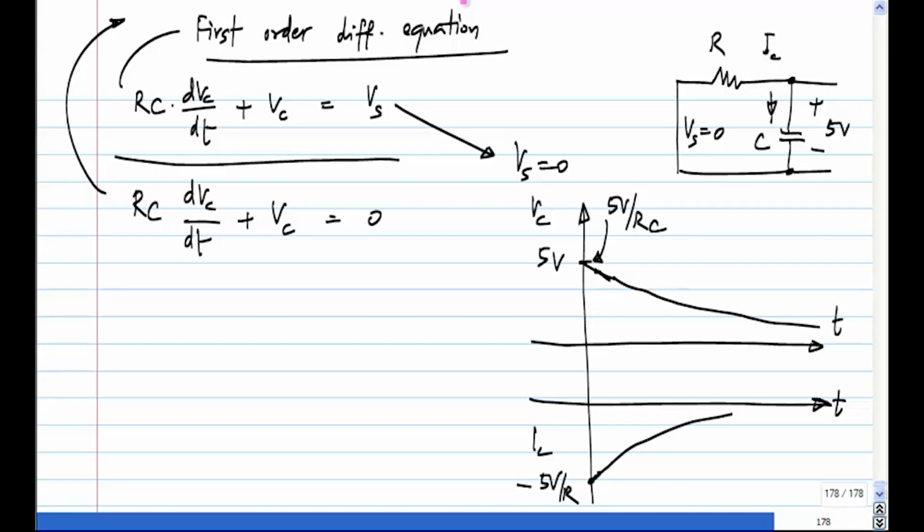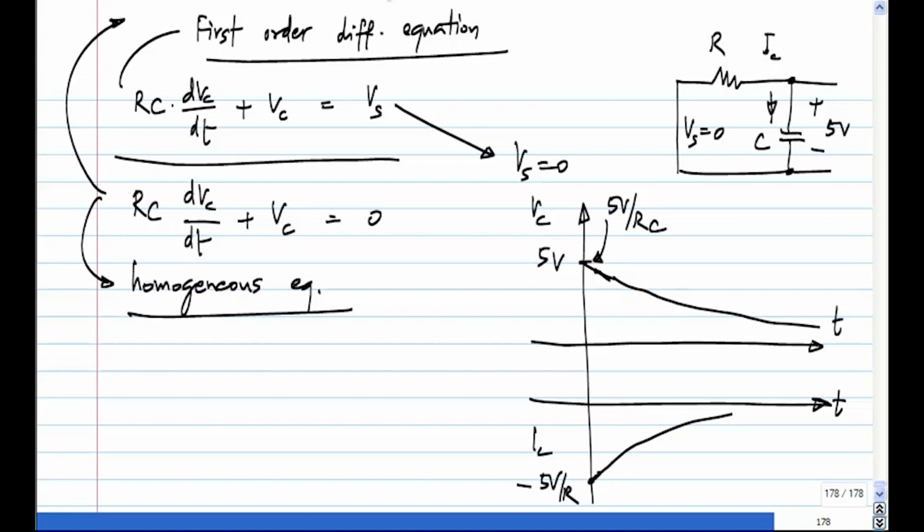Okay. And this one which has 0 on the right hand side, what is this? It's called a homogeneous differential equation. Okay. So in general, if you have only variables and 0 on the right hand side, that's called a homogeneous equation, right?